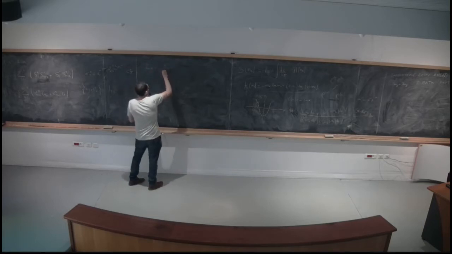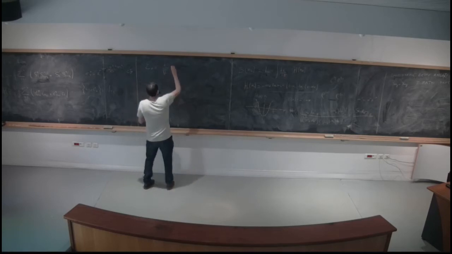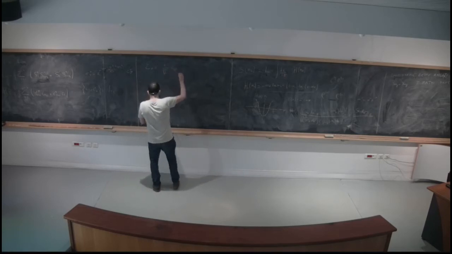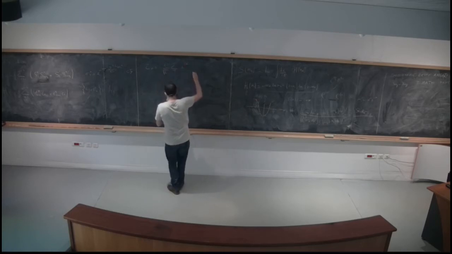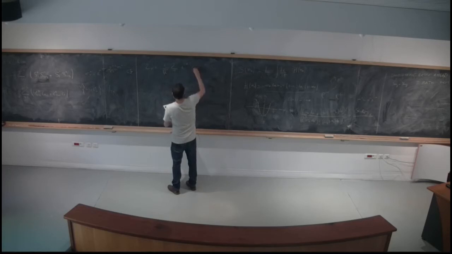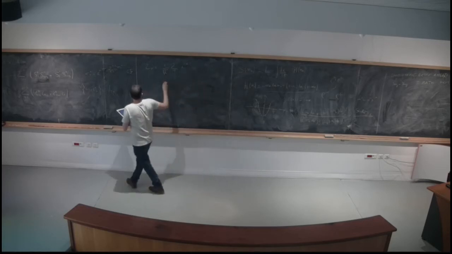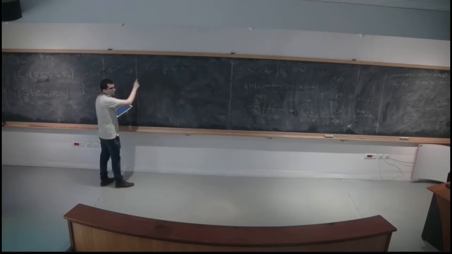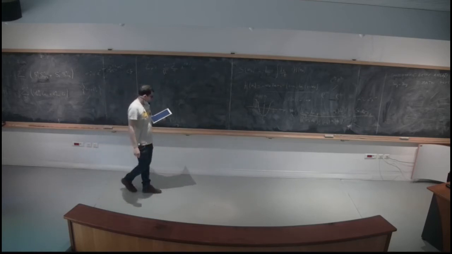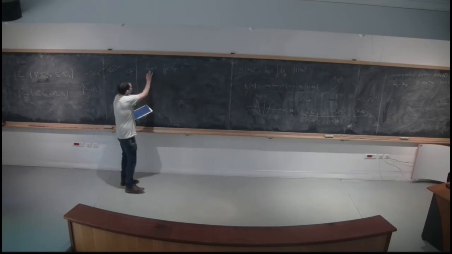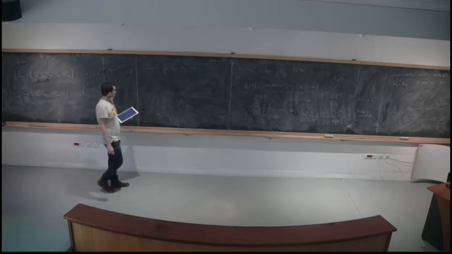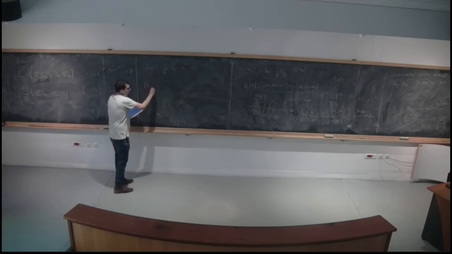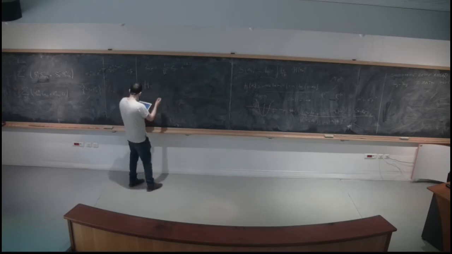You define this operator, the sum over j of e to the i k j c_j. So these are the original fermions in real space. Here you are in momentum space. If you substitute this into the tight binding, you get that your Hamiltonian is now diagonal.